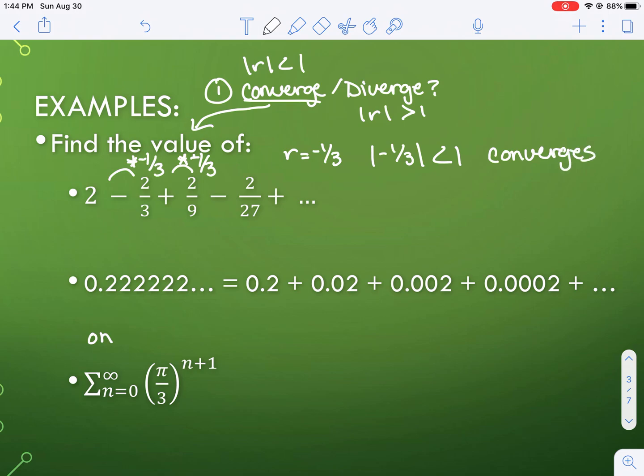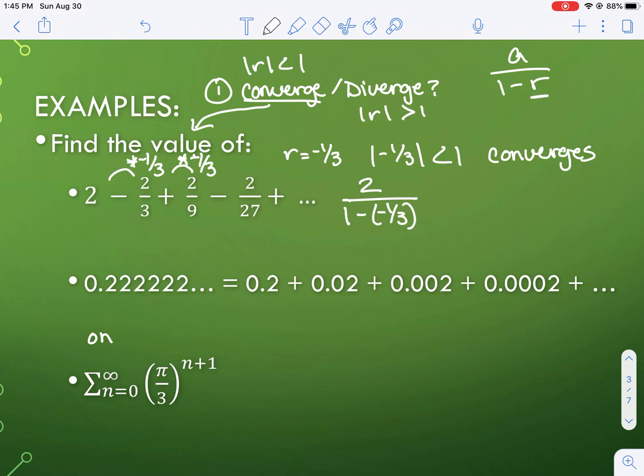Since it converges, we're now going to find what finite value it converges to. So a is going to be 2. We use a over 1 minus r. So 2 over 1 minus that -1/3.